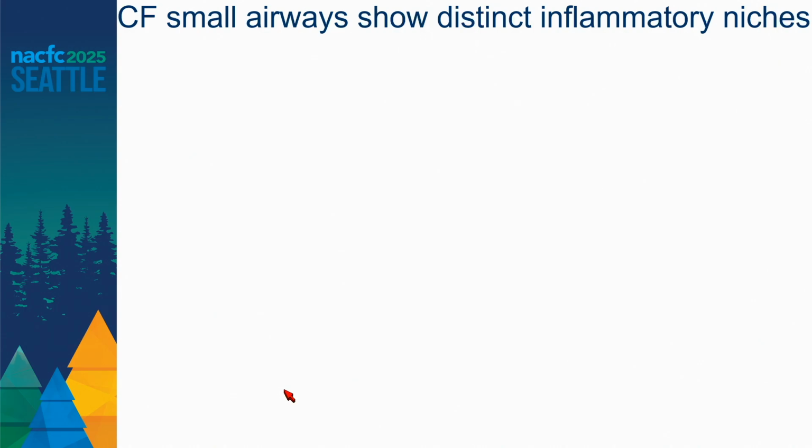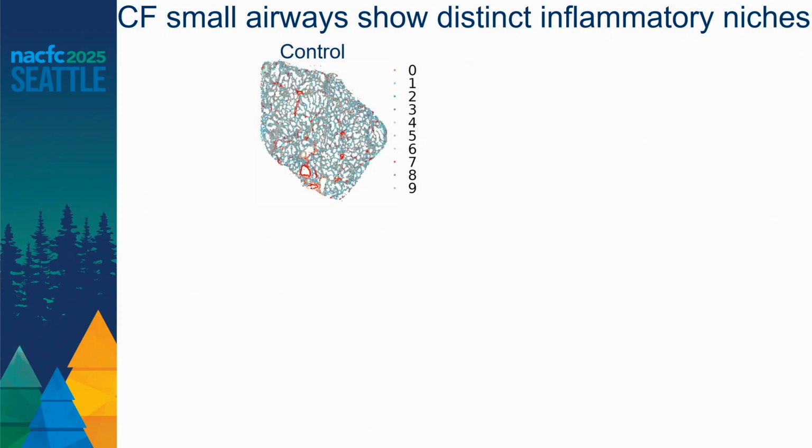Further, to understand the CF small airway specific inflammatory environment using multiplex immunofluorescence PhenoCycler images, we did neighborhood analysis. Neighborhood analysis is one of the tools to estimate the specific cell-to-cell interactions using the annotated cell and cell distances.